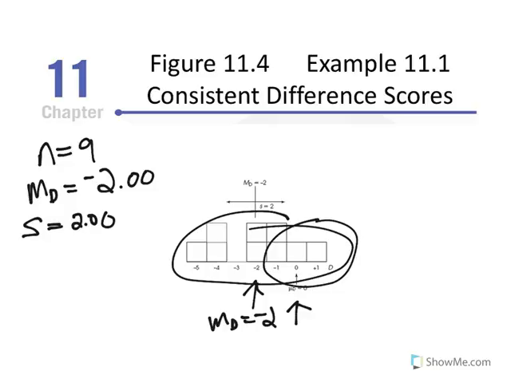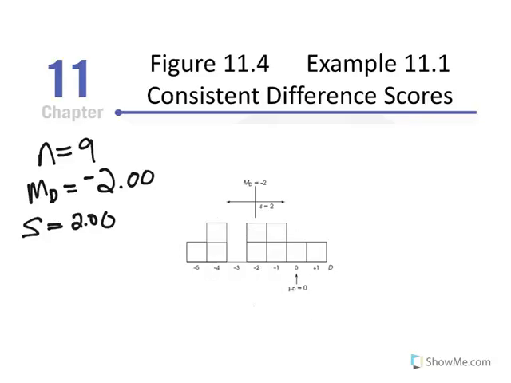Specifically, the data are not consistent with the population mean hypothesized by the null, indicating mu_D is equal to 0, which is why we were able to reject the null hypothesis. In addition, note that the sample mean is located 1 standard deviation unit below 0. So let me state that again.